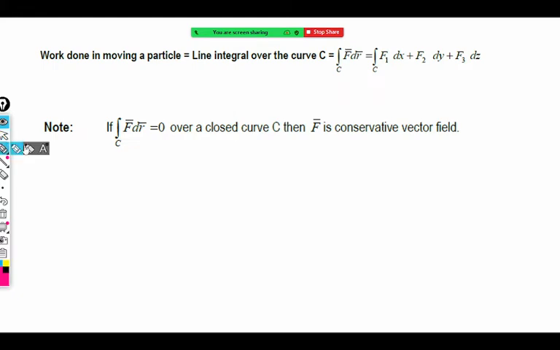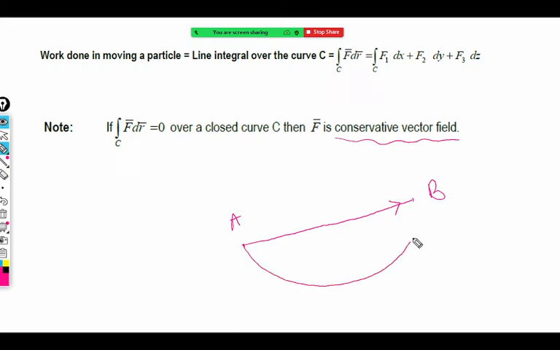There is another interpretation of this equation. Suppose here is a point A and here is a point B. One path I take as a straight line, and another path as, suppose, an arc of a circle.